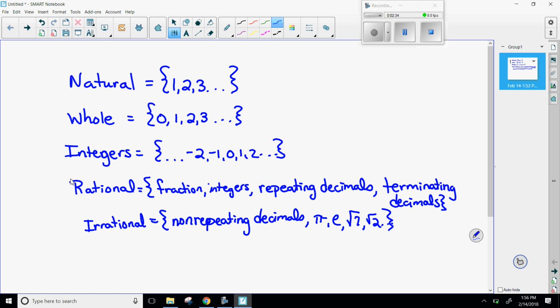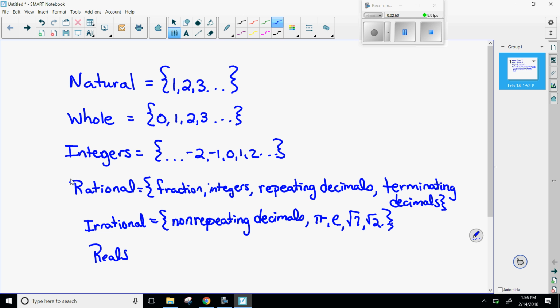Even though you get a value when you type them in on your calculator, because your calculator is only set to maybe 9 places, 9 digits. All right, and then the classification of all of those is known as the reals.